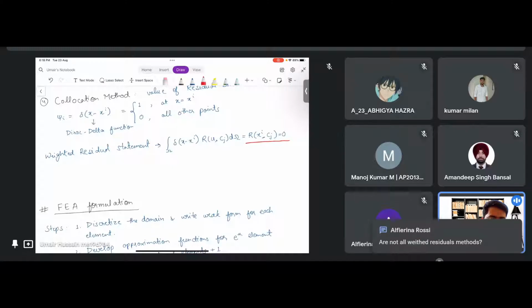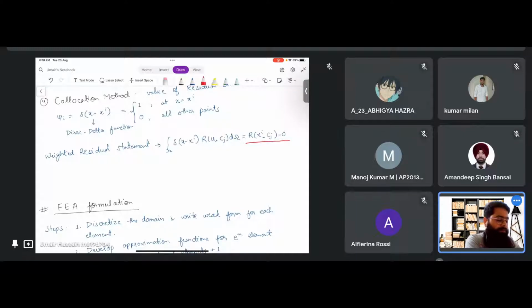Are not all weighted residual methods? Yeah, but they have something different in the way we start. Of course, we start with the weighted integral residual statement.